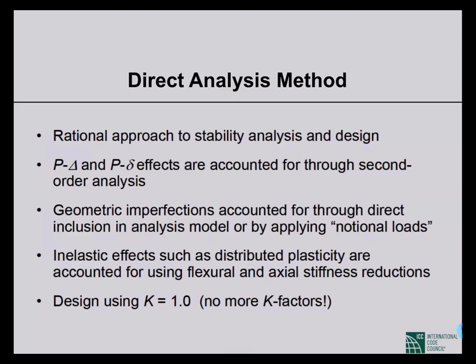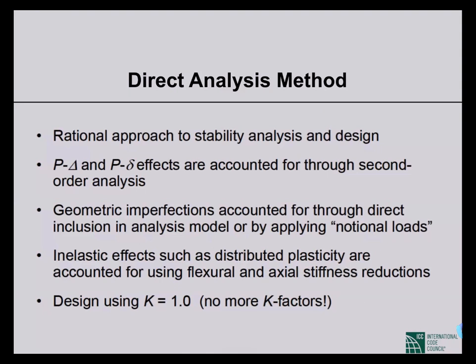We'll discuss about that. Now, fourth point is inelastic effects such as distributed plasticity are accounted for using flexural and axial stiffness reduction. This is very important. In this analysis method, we reduce the stiffness, flexural and axial stiffness. So that is one trick of this method.